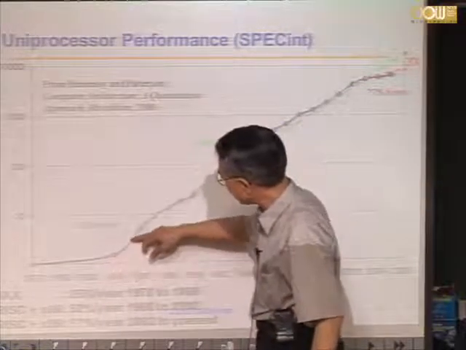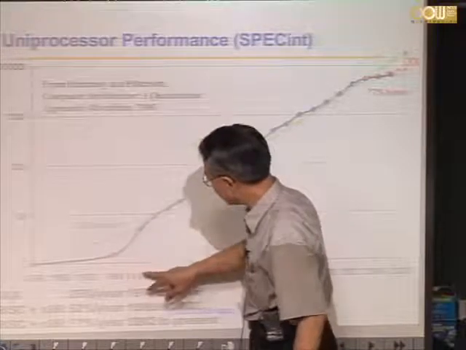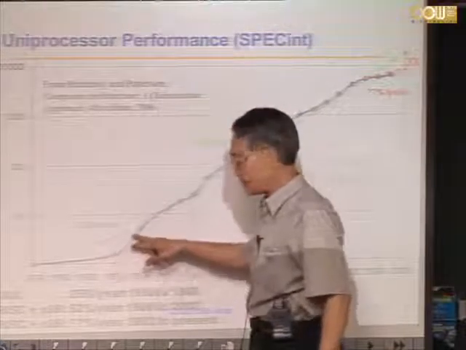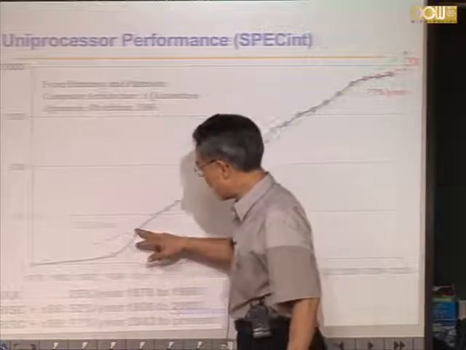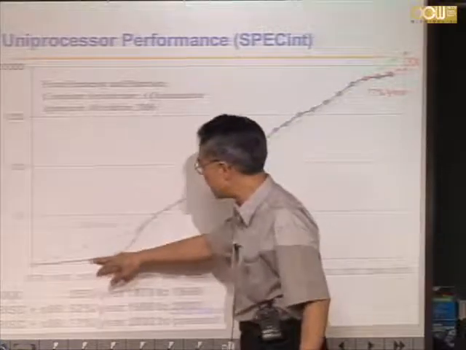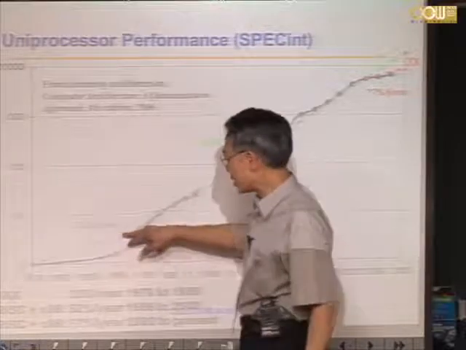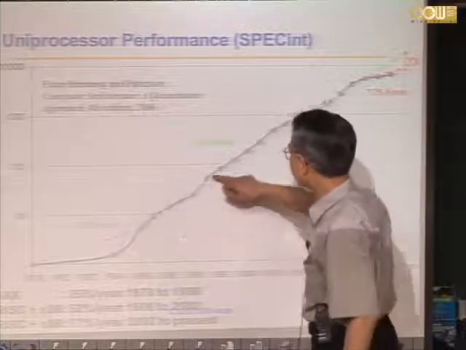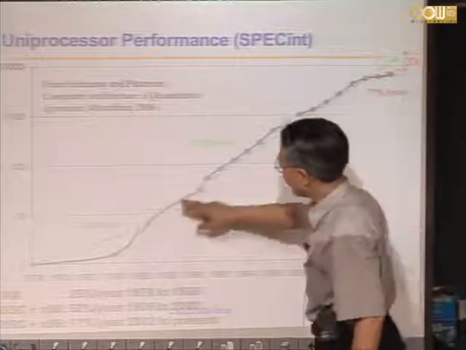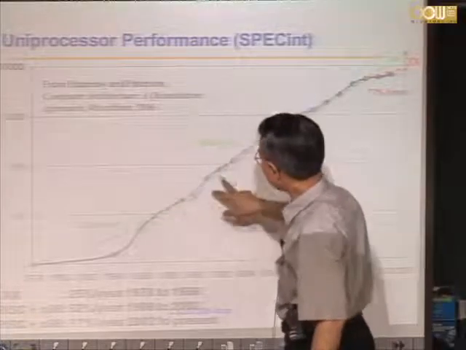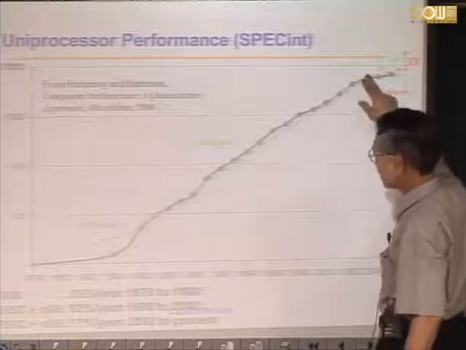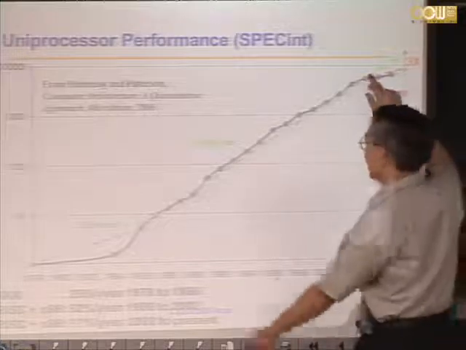Very suddenly, we get some speedup from 84 to 86. Why? The pipeline design. And how do we constantly get speedup? Well, the semiconductor technology, and some superscalar, VLIW, and out-of-order types of technologies.